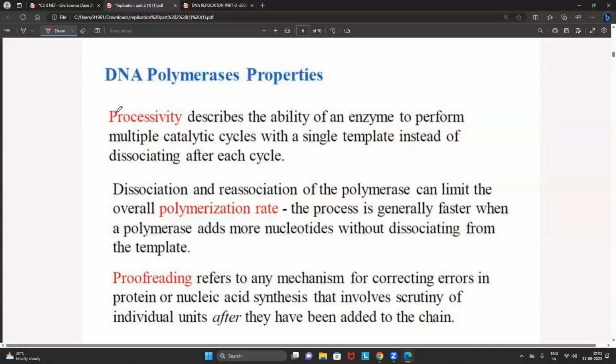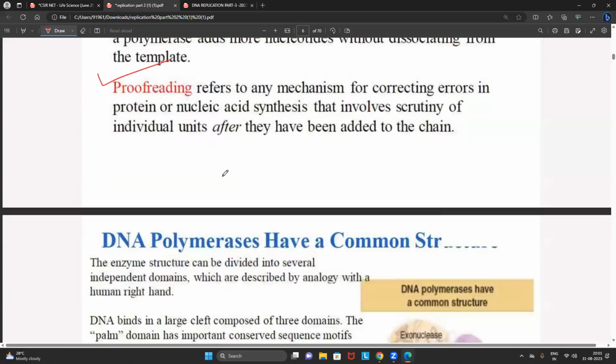Remember, every one of you, it has to show the characteristics of processivity, polymerization, and proofreading. Whenever it shows all these properties, then only we can say that that is the most important polymerase among all. And I hope you all remember, among all these properties, the most important property is the processivity. Don't get confused with that.